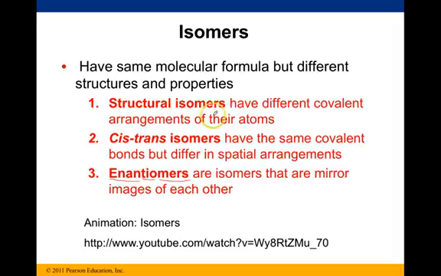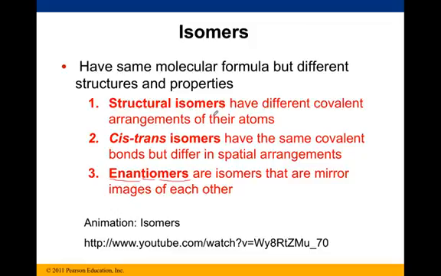Remember, structural isomers have different carbon skeletons, whereas cis-trans isomers have the same carbon skeleton, but the molecules attached to the carbon skeleton are oriented differently because of the flexibility or inflexibility of the carbon chain.